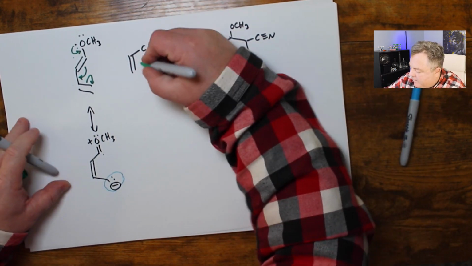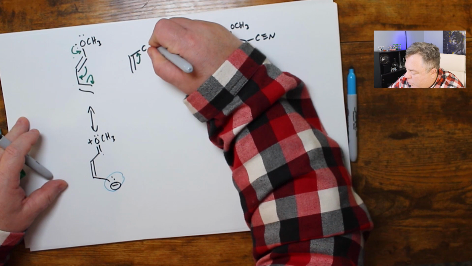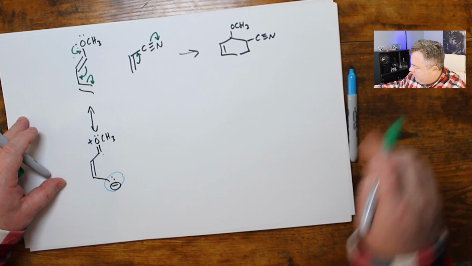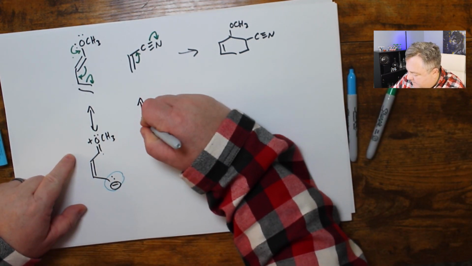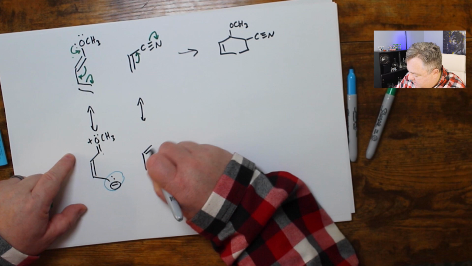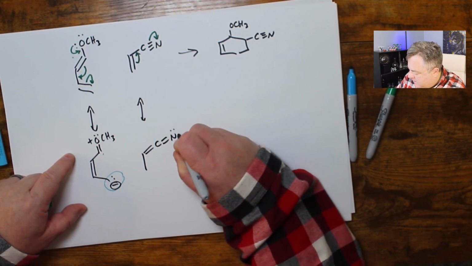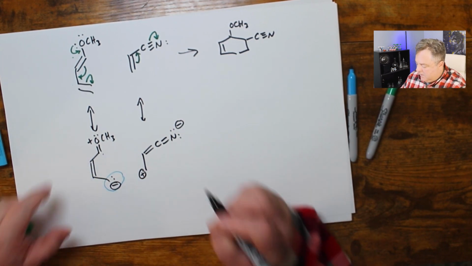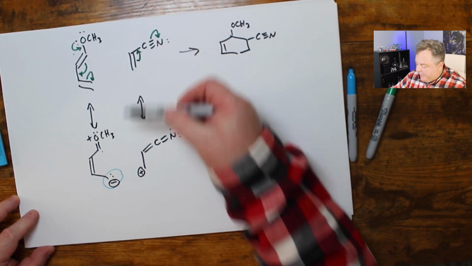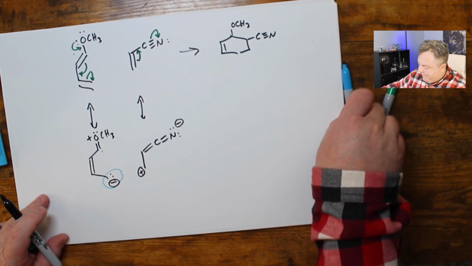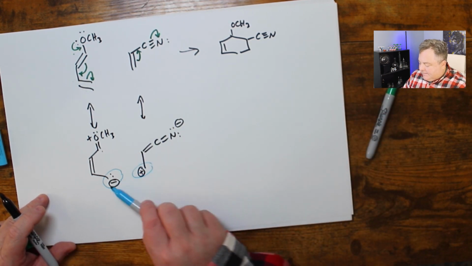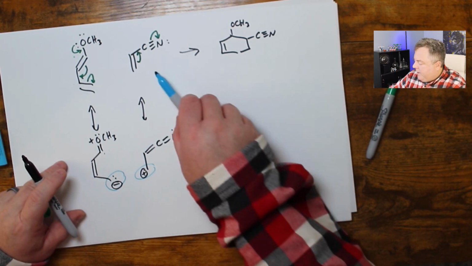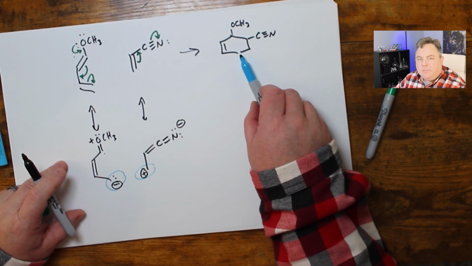On my dienophile, I can take these electrons away from the alkene of the dienophile and push them all the way onto this nitrogen. That would make, since I removed the electrons from this carbon, I have a positive on this bottom carbon. And this positive and negative like to get together, opposites attract. So they would get in this form in order to zip up and make my final product.